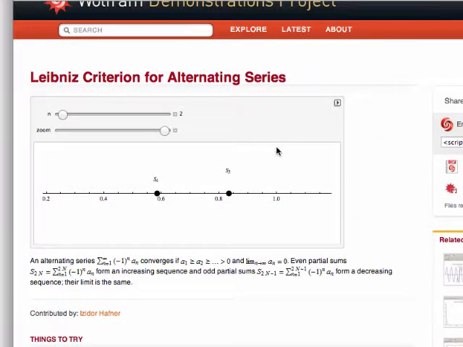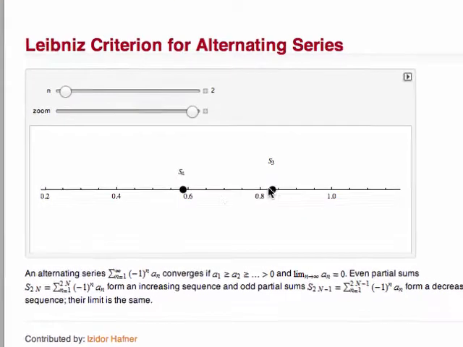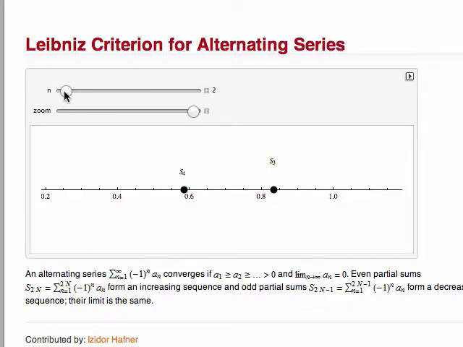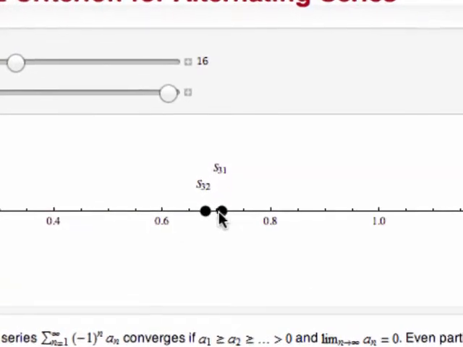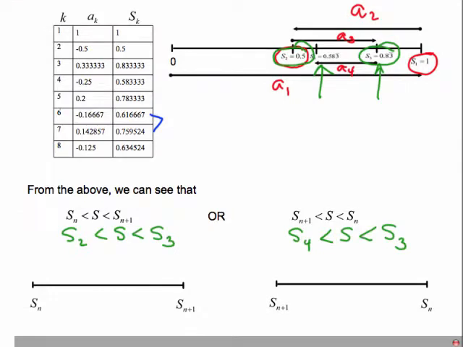Here's an animation of what I'm trying to show from the Wolfram demonstration site. So hopefully what you can see is that our approximation for the sum of the series is narrowing in on a smaller and smaller interval as the number of terms that's added on increases. And we can see that our actual sum is going to end up being between two consecutive sum approximations. So our sum is somewhere in here.